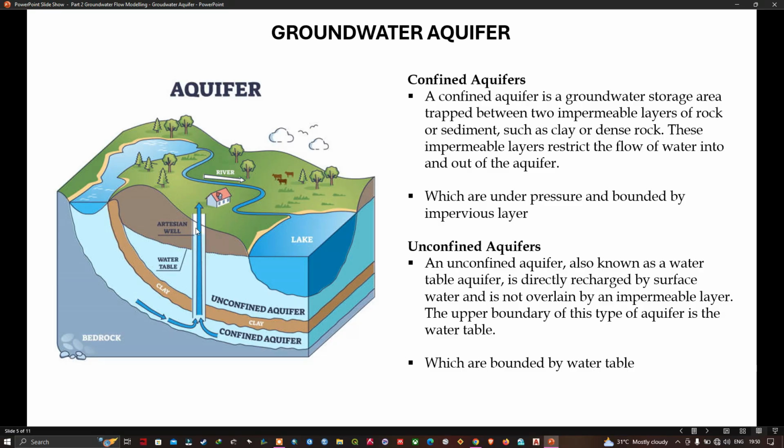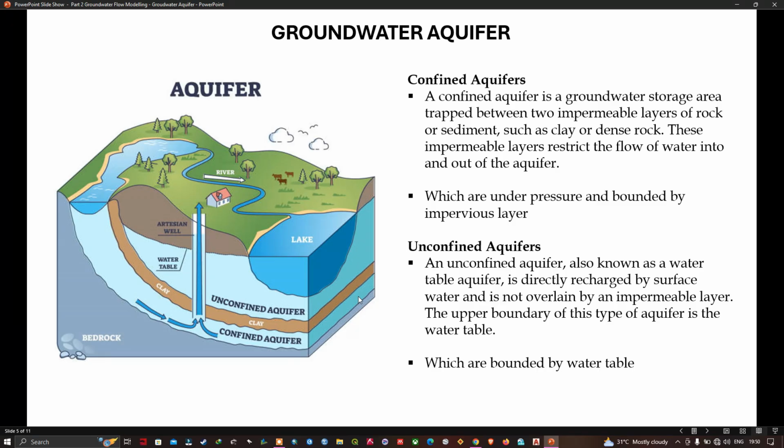For example, in this diagram, this particular area is called a confined aquifer. It is trapped between two impermeable layers. The top layer consists of clay, an impermeable layer, followed by bedrock at the bottom without any fractures or joints. So this particular area is called a confined aquifer.